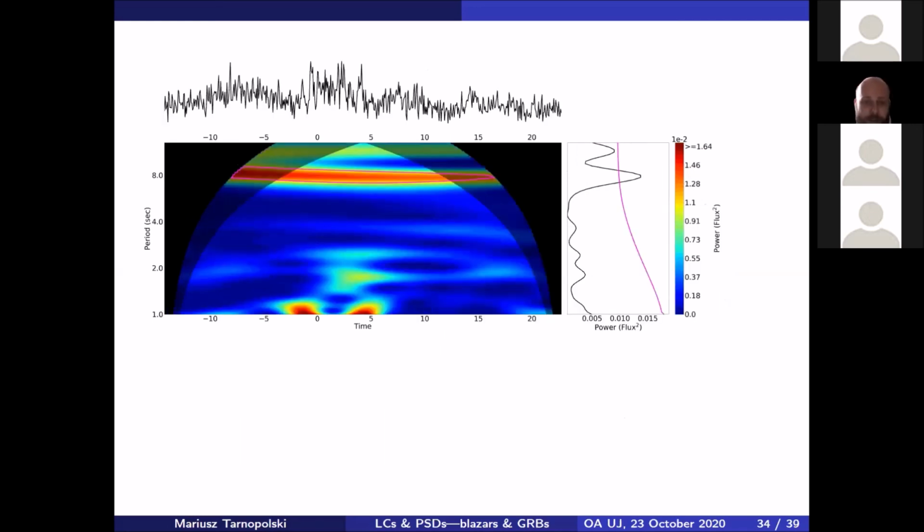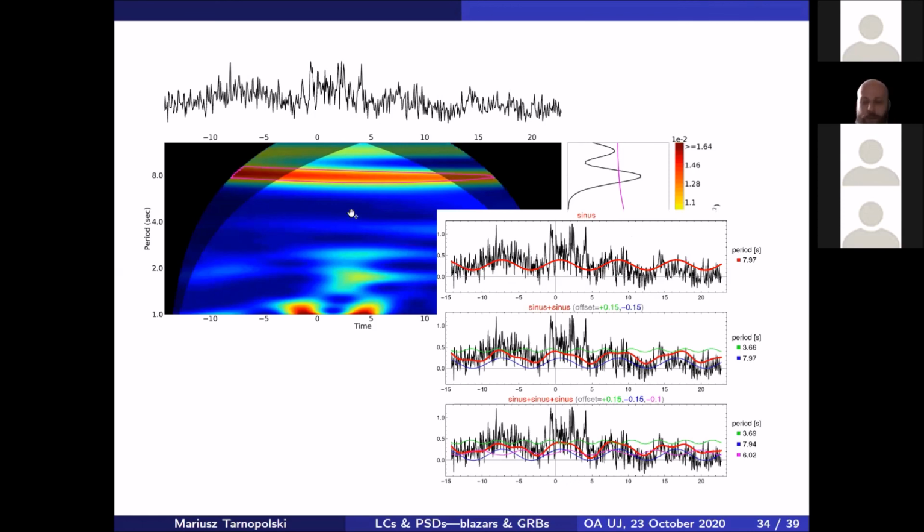And this is probably the most pleasant case, a very clear 8-second QPO lasting for about 4 cycles. This also quite nicely fits the sinusoidal scheme, and it is the only prominent feature in the whole scalogram.